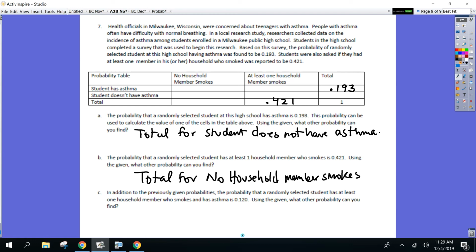And then part C, I'm going to give you one more probability. At least one household member who smokes and has asthma. So can you figure out where to put that 0.120? It looks like we're going to put it right here. 0.120.